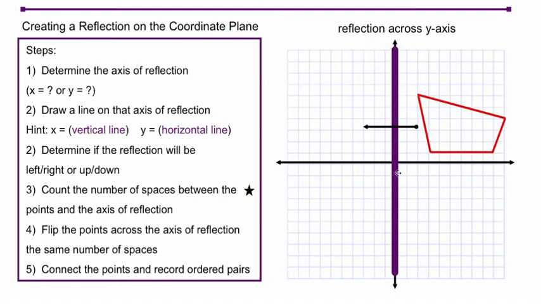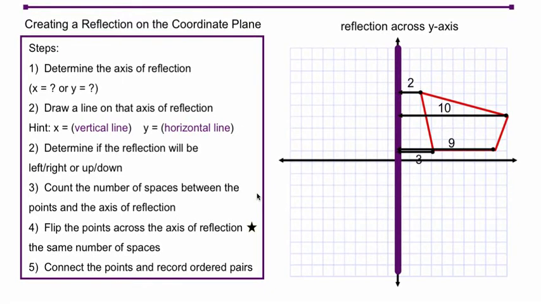That's why you should make this axis of reflection nice and big so you can see it. Okay? So we know from this point to the axis is 2, this point to the axis is 10, this point to the axis is 9, and this point to the axis is 3. So that's pretty simple.